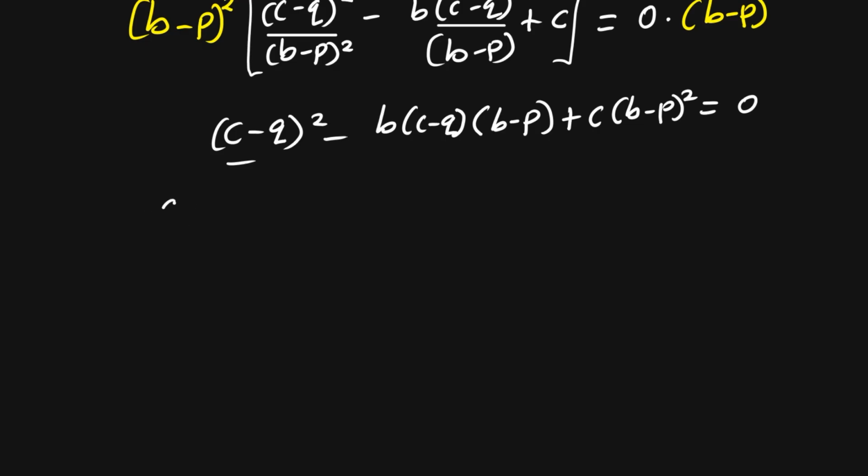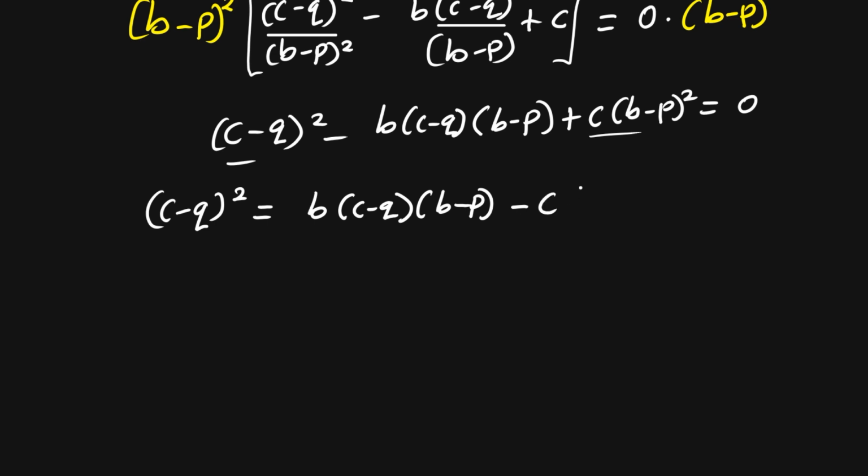It will become (c minus q) squared equals b into (c minus q) into (b minus p), minus this term, when it crosses the equal sign it becomes negative, so we have minus c into (b minus p) squared. So this is the same as (c minus q) squared equals (b minus p) is common, so we factor it out.